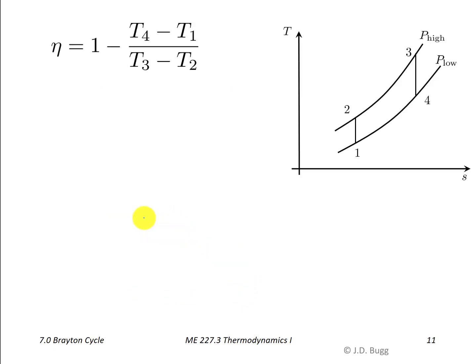So we can now write that expression as the efficiency is equal to 1 minus T4 minus T1 over T3 minus T2. So this is just starting to get this into a form that'll show us the most important parameters for determining efficiency. Now that still involves all four of these temperatures, so that's not particularly enlightening yet.